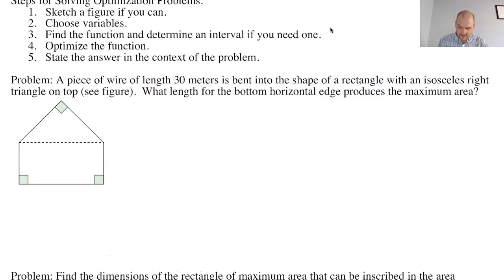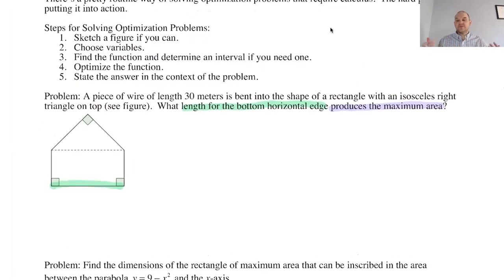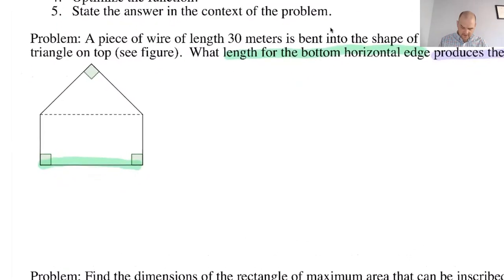So that's maximum area is what we are looking for. So we're trying to figure out what value this would have that would produce the absolute maximum area for this entire figure.